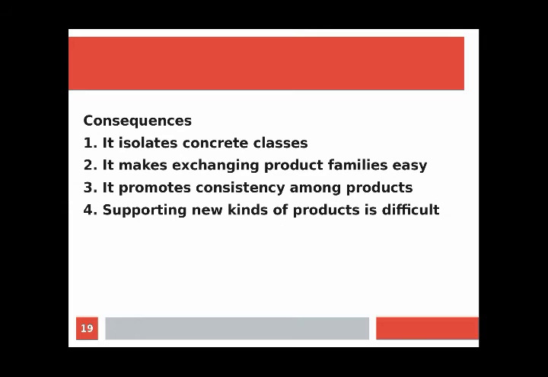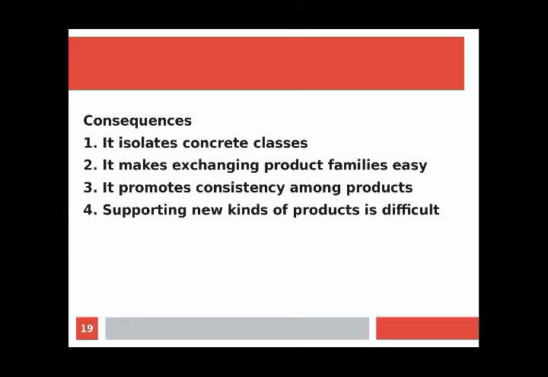Second, it makes exchanging product families easy. The class of a concrete factory appears only once in an application, that is where it is instantiated. This makes it easy to change the concrete factory an application uses. It can use different product configurations simply by changing the concrete factory.